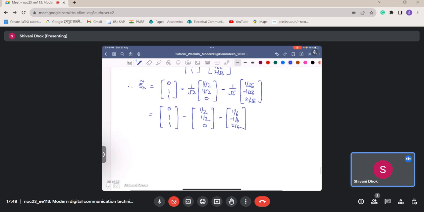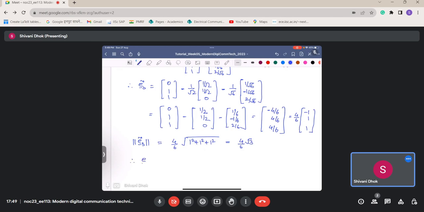And this comes out to be (minus 4 by 6, 4 by 6, 4 by 6), which I can write as 4 by 6 into (minus 1, 1, 1). Therefore norm of e3 tilde will be 4 by 6 into under root of 1 square plus 1 square plus 1 square, which is equal to 4 by 6 root 3.